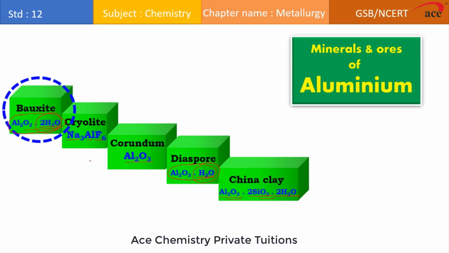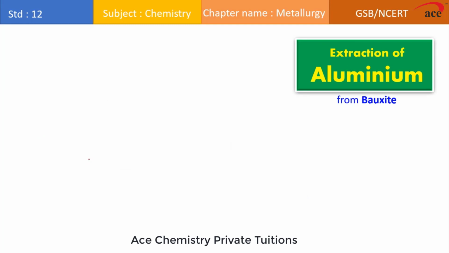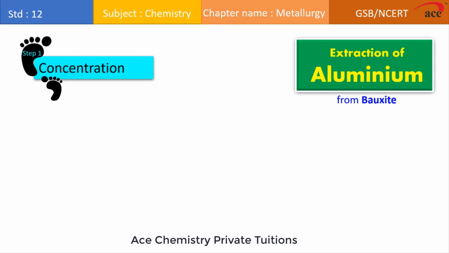Now for metallurgy, we all know that the very first step is concentration. In concentration, we are removing impurities, also referred to as gangue, and these impurities are removed by various methods. For aluminium, mostly we use leaching, which we covered in the first lecture.